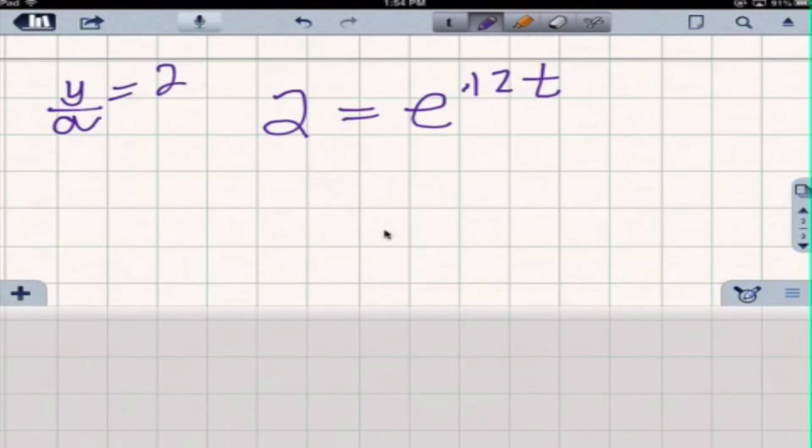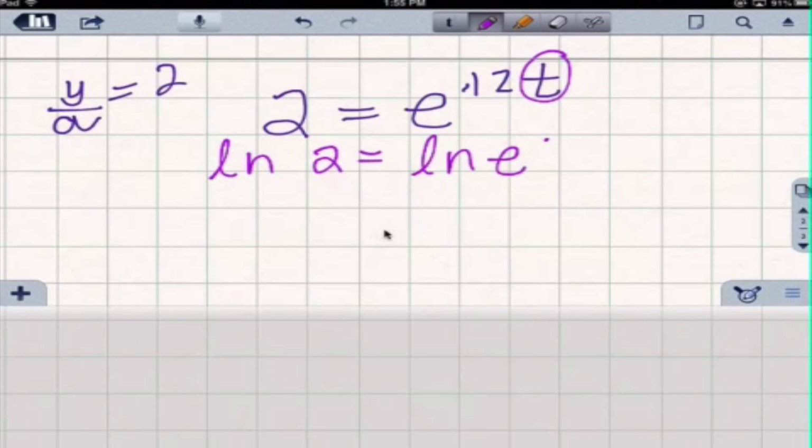At this point, I can just solve this exponential equation. Since my exponent has a variable, I need to change it into a logarithm, and I'm actually going to take an ln of both sides. Some of you might be wondering why I'm going to do ln, and the reason is ln of e is equal to 1.